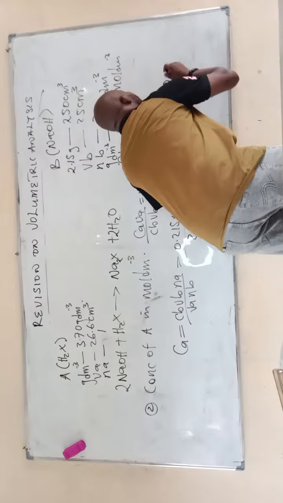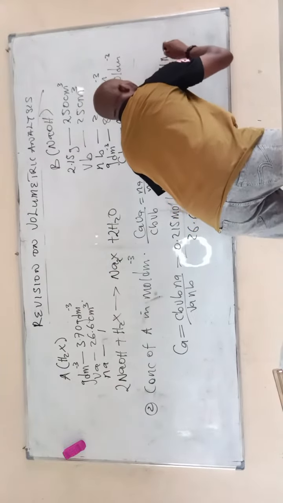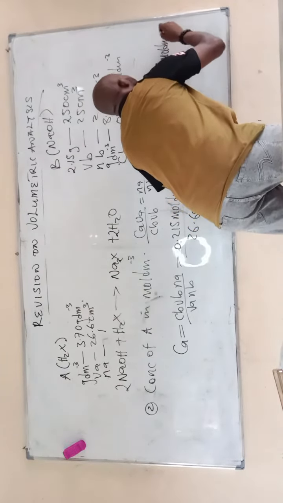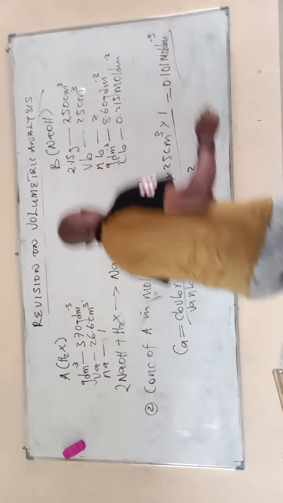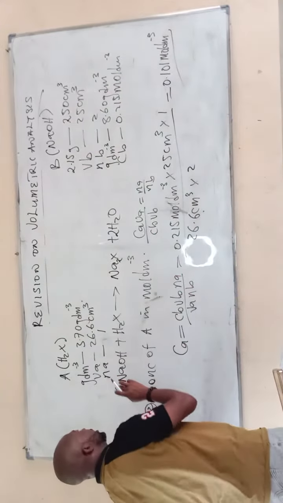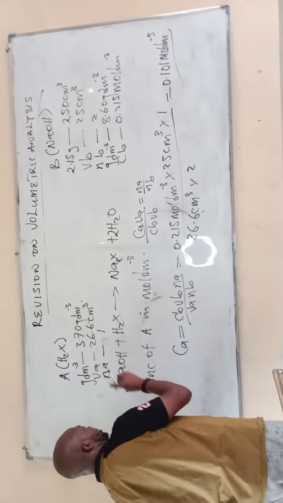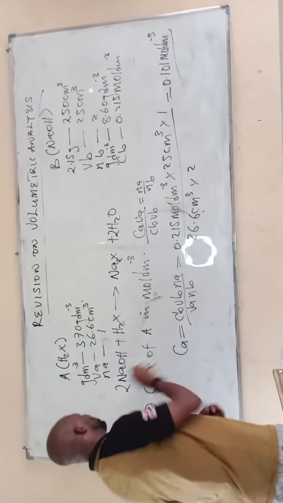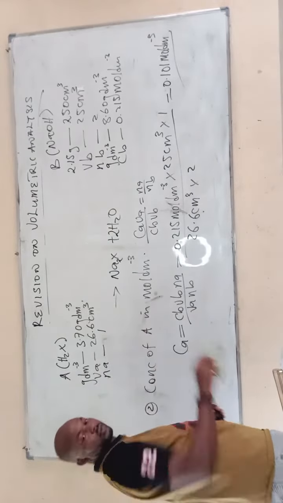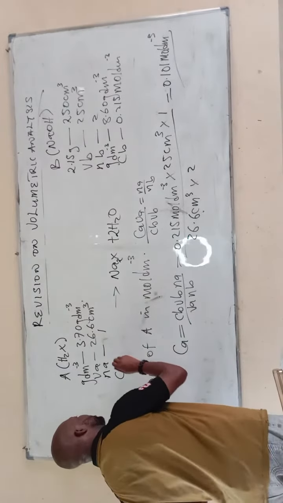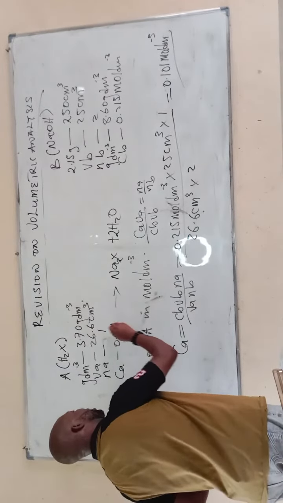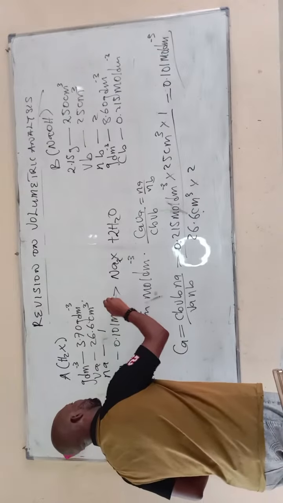This is 0.101 mole per dm3. So this is the concentration of the acid. CA is 0.101 mole per dm3.